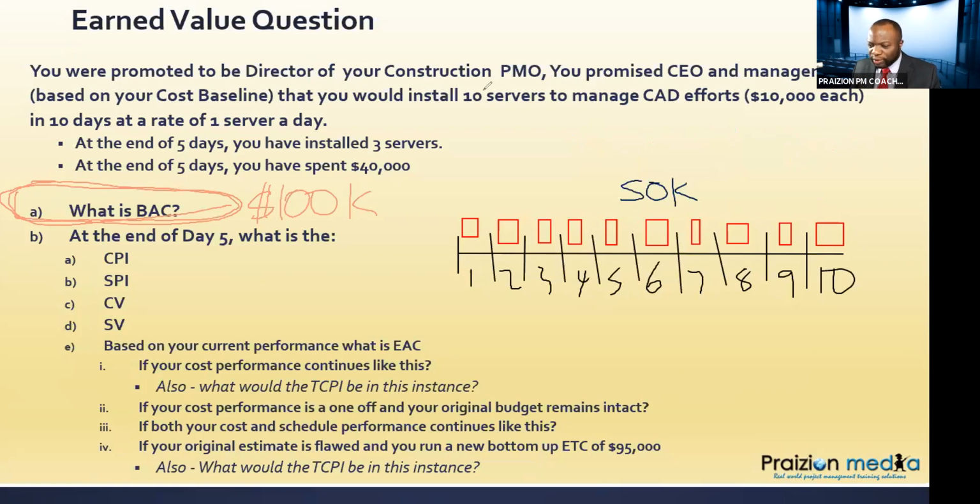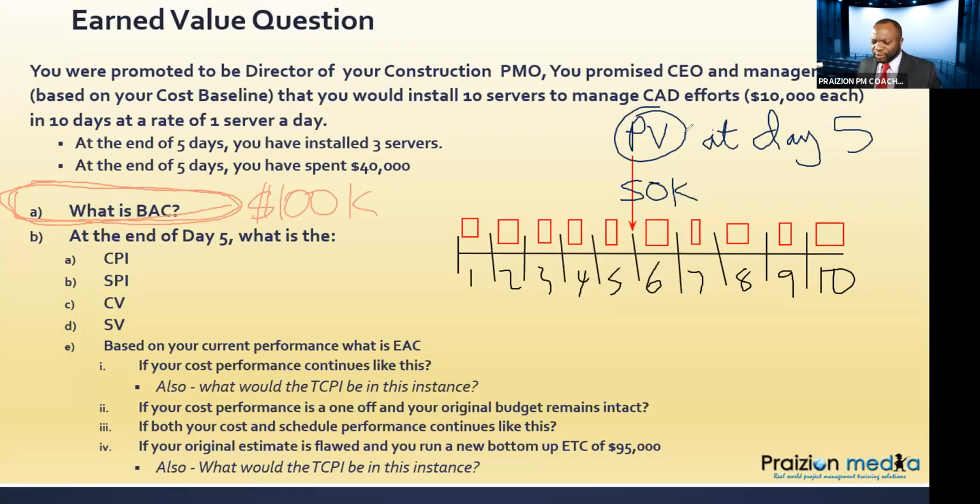But we don't know if that's the case just yet. Let's take a look and see, okay? So I'm just going to write down here, plan value should be equal to 50K at day 5.